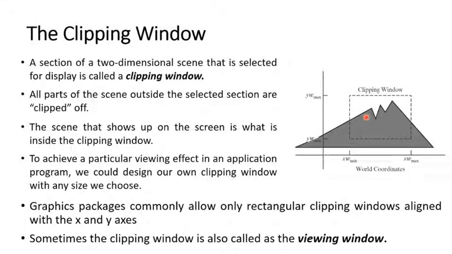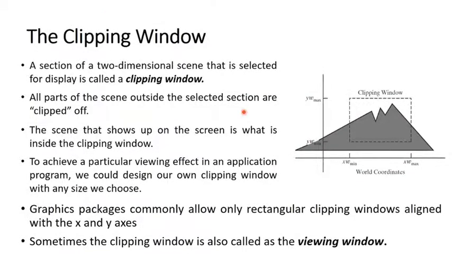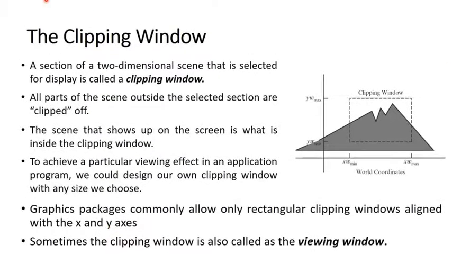Now I'll give you a small example of how this works. You are able to see this slide on your devices, right? Now imagine the slide itself is my world. I want my world completely displayed, so I have set my clipping window to the complete slide, and that clipping window is what is displayed on your screens.